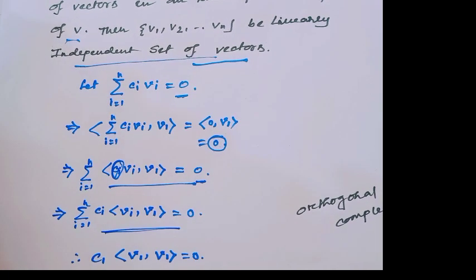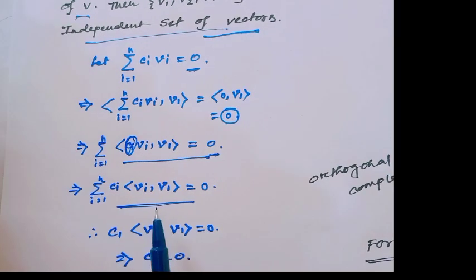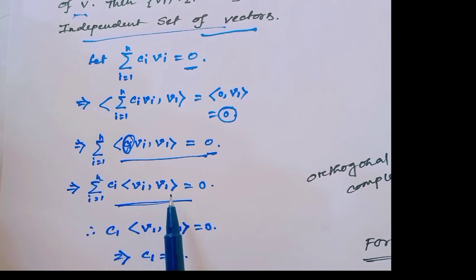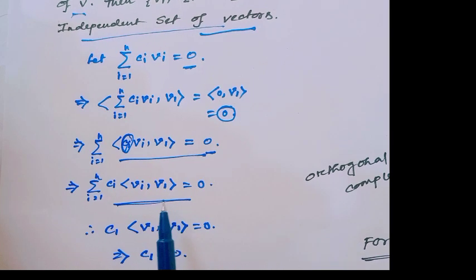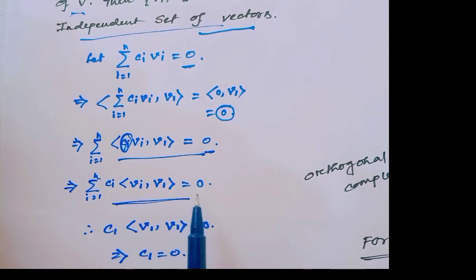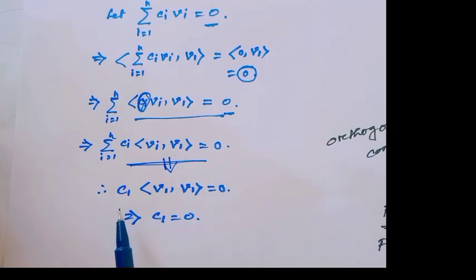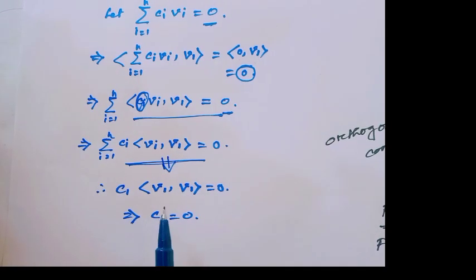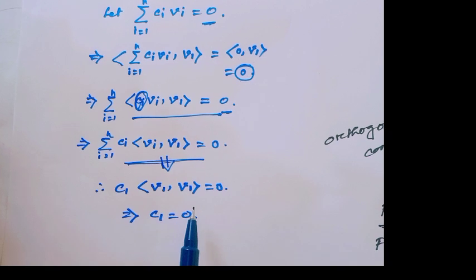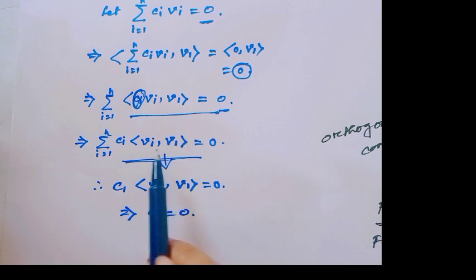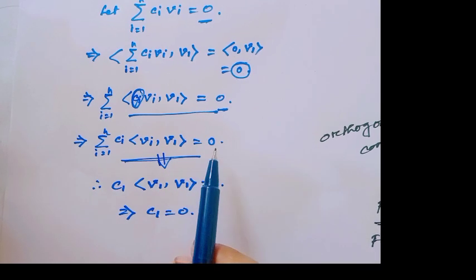Notice this part is non-zero only when i equals 1; otherwise all values would be 0. So from this expression, it implies c1 times the inner product of v1 with v1 equals 0, because otherwise all terms would be 0.